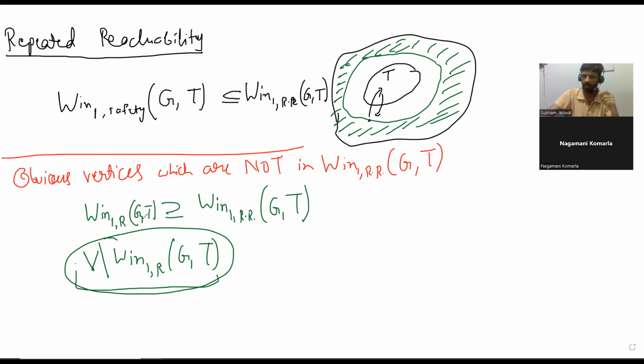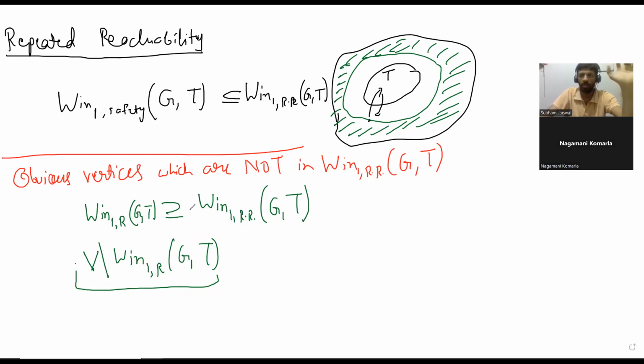That was even in the algorithm when we did Win1 Reach, and that's the very definition: you cannot reach Win1. If you are in this set, then you cannot reach T, which means you cannot reach here even, because if you can reach Win1 Reach(G, T), then you can reach T after some time. So it basically means that if you are in this complement set, then it's a closed set. Player 0 can ensure the game will remain there. That is important for us.